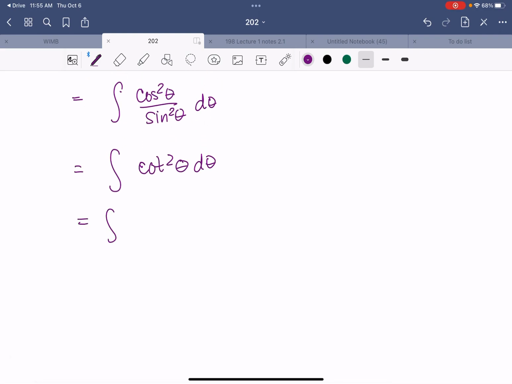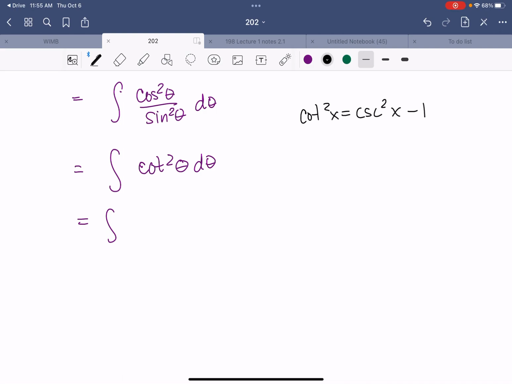Then I'm also going to use my identity for secant and cotangent and cosecant. So we know that cotangent squared is cosecant squared x minus 1.